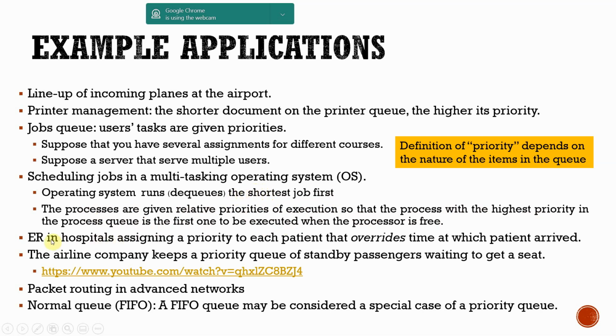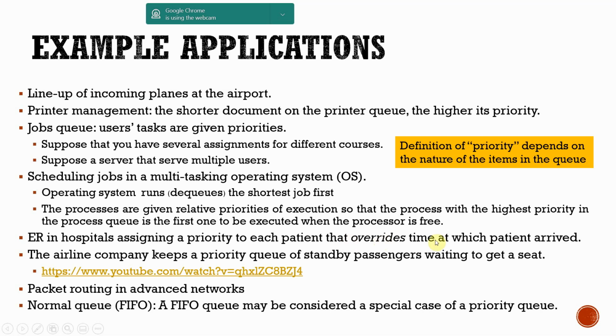Another application that some of you might have seen is in the emergency room in hospitals, where the staff assign a priority to each patient, and this priority is not necessarily based on first in, first out, right? It might be based on how severe your sickness is, or how hurt you are.